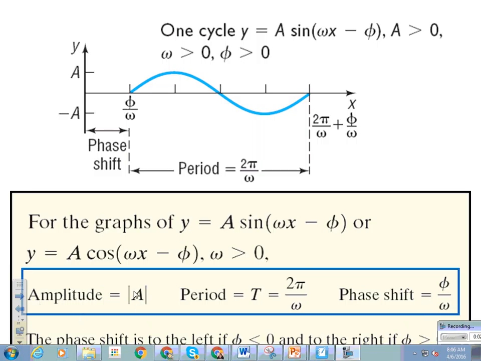Your amplitude is A. It represents the distance from the top of your wave to, right now, the x-axis. The amplitude is not bottom of the wave to top of the wave, it's just top of the wave to the center.